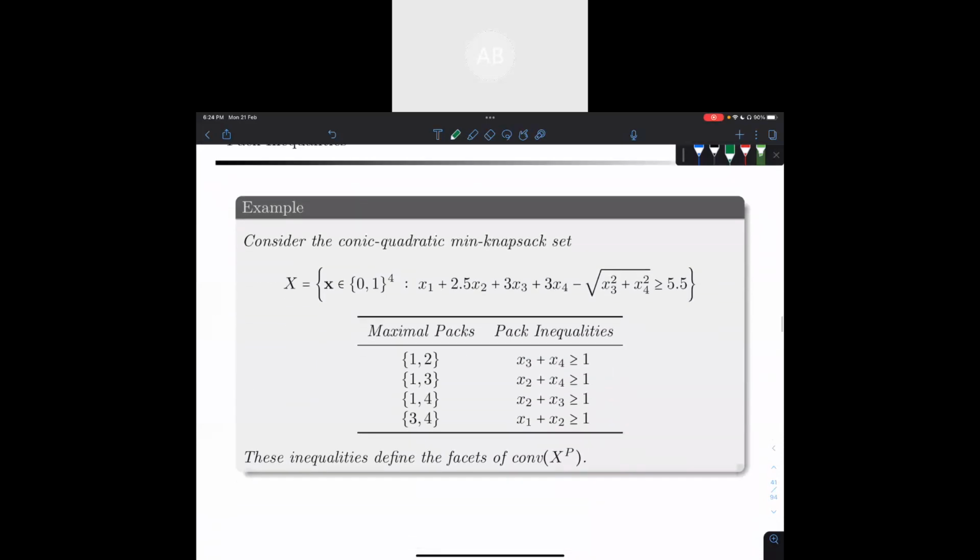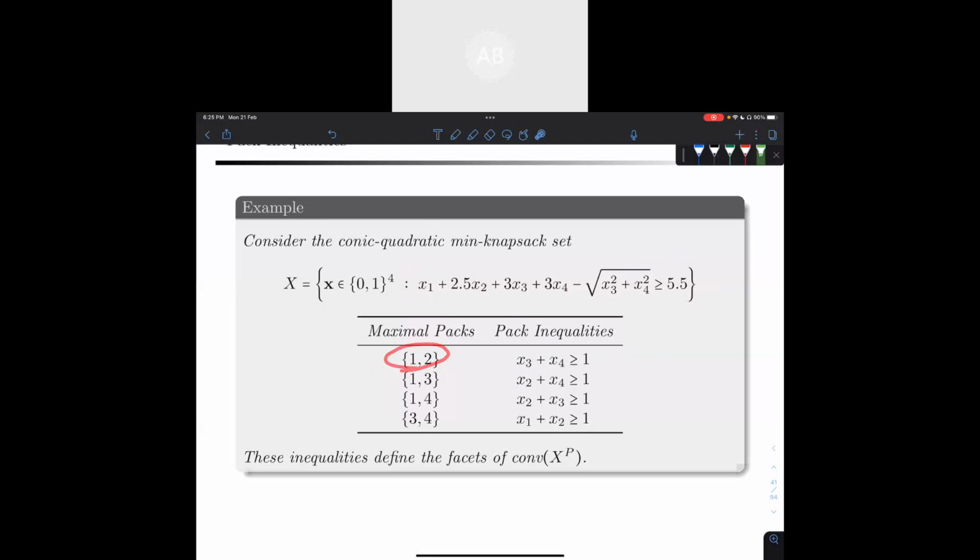So for example, if this was the conic quadratic min knapsack set, you have minimal packs as 1, 2 and 1, 3. If you take 1 and 2, that's not a feasible set. 1 plus 2.5 is 3.5, which is less than 5.5, so it's an infeasible set. So this is a pack.